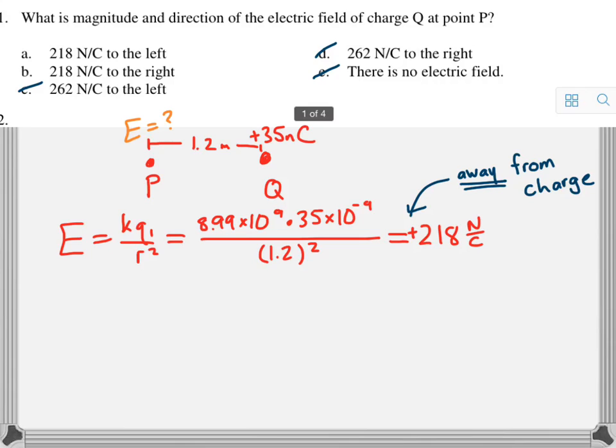So if I were to draw an electric field vector at this point, it would have to be pointing away from the charge, away from point Q. So that would be my electric field vector. It would be pointing toward the left. So my answer should have been A for that reason. So remember, when we're dealing with point charges, positive means away from the charge, negative means toward the charge.